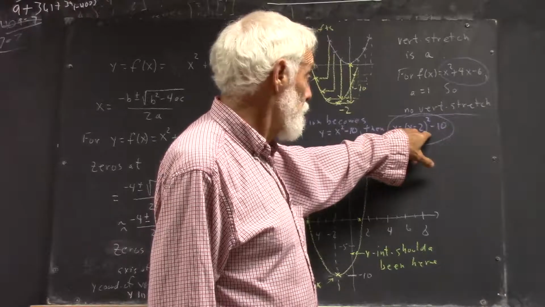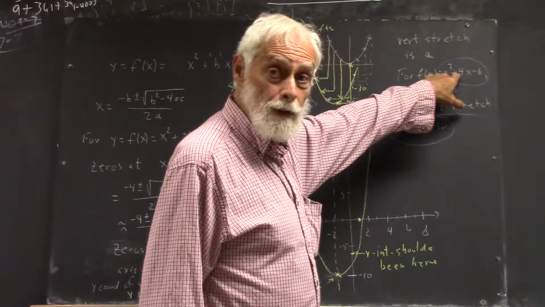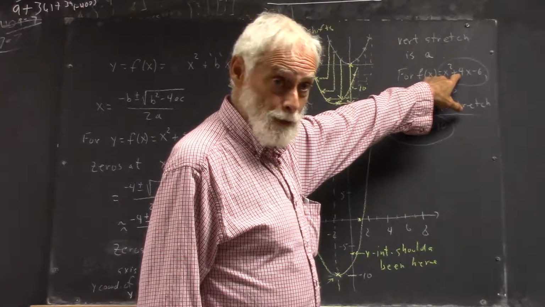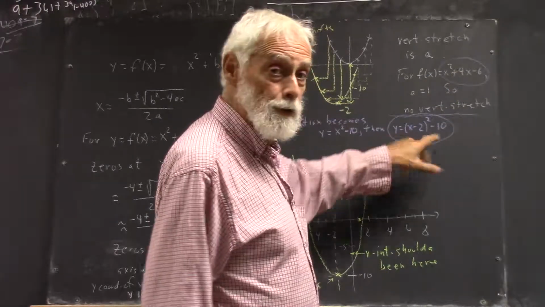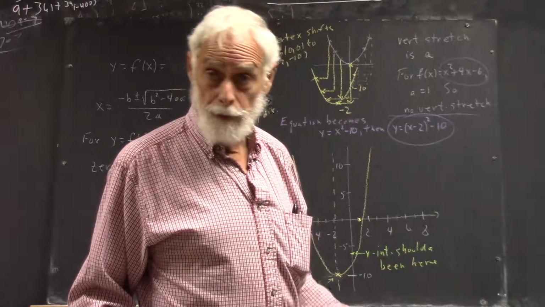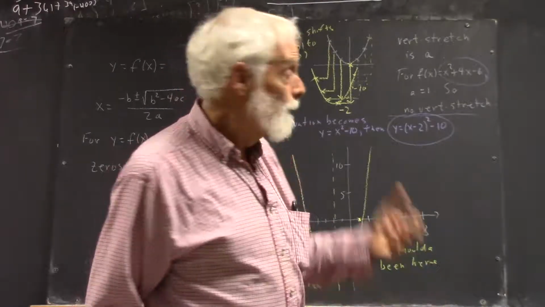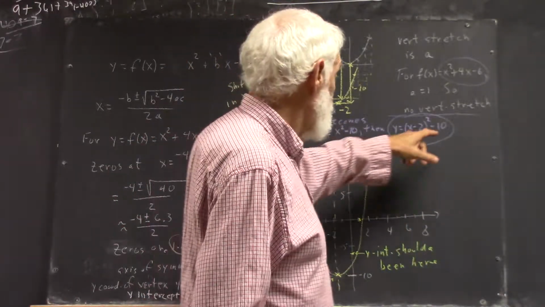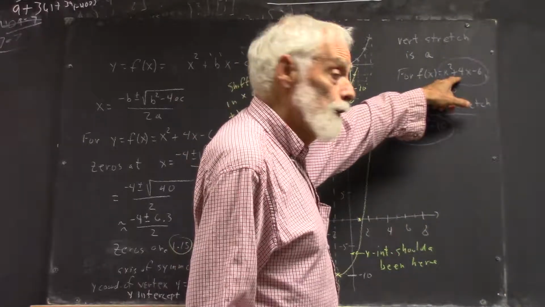And if what I've written is correct, it'll simplify and give you this. You can square this by multiplying x minus 2 times x minus 2 using the distributive law. Then you subtract 10. I think you're going to get that.